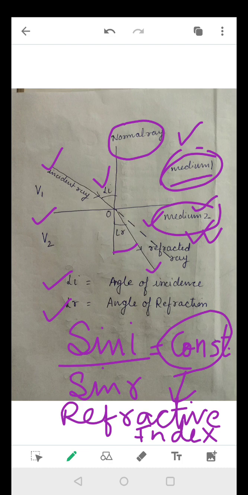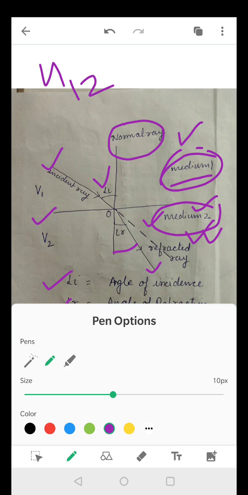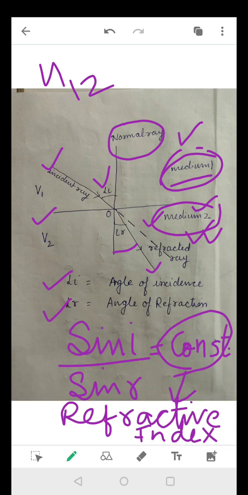So I will use the symbol N12. 1 means I am calculating for the first medium, and I am comparing it with the second medium. Are you getting my point? If it is not clear, I am repeating it again. This is a very, very important one, because the complete lecture will depend on this.